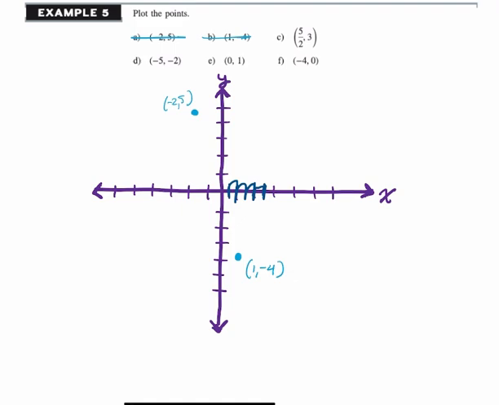It's like 2.5. So 5 halves in the x distance, and then up to 3 units in the y distance. And that's where our point will be. We can call this 5/2, 3.